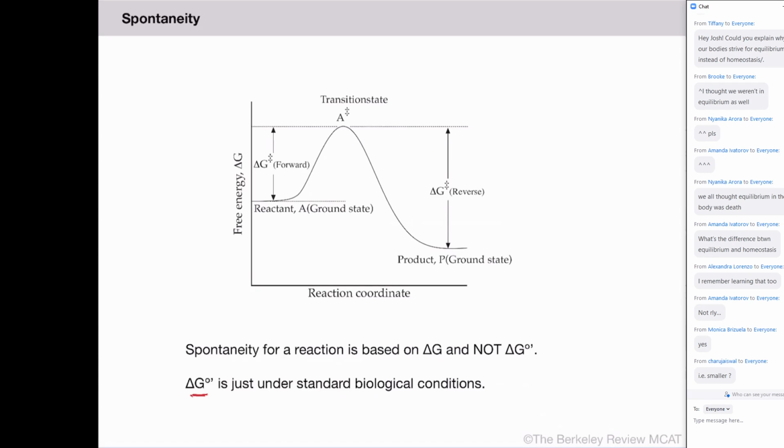And so here, this corresponds to a negative delta G, which means that there is a net loss of energy and the reaction will go spontaneously. It's said to be exergonic.